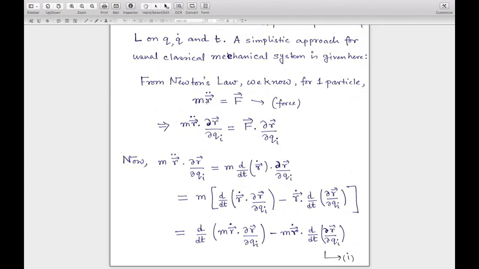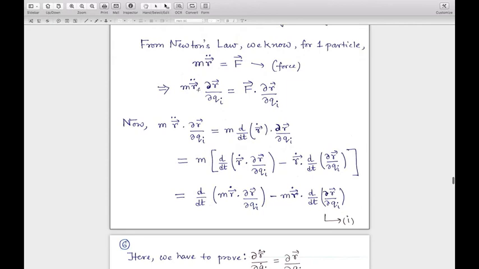Newton's law is m times the acceleration, r double dot, equal to the force F. We can take the scalar product on both sides with del r by del qi. Then we have m r double dot dot del r by del qi equal to F dot del r by del qi.